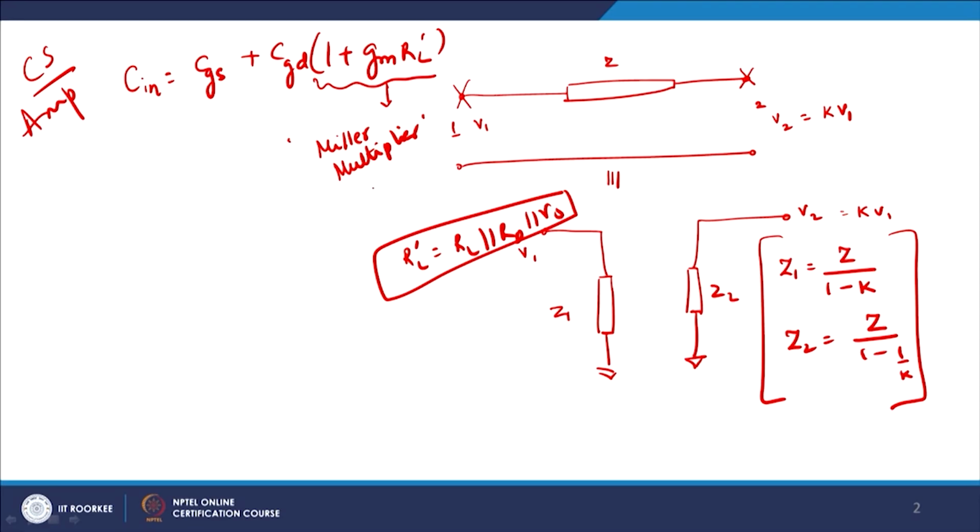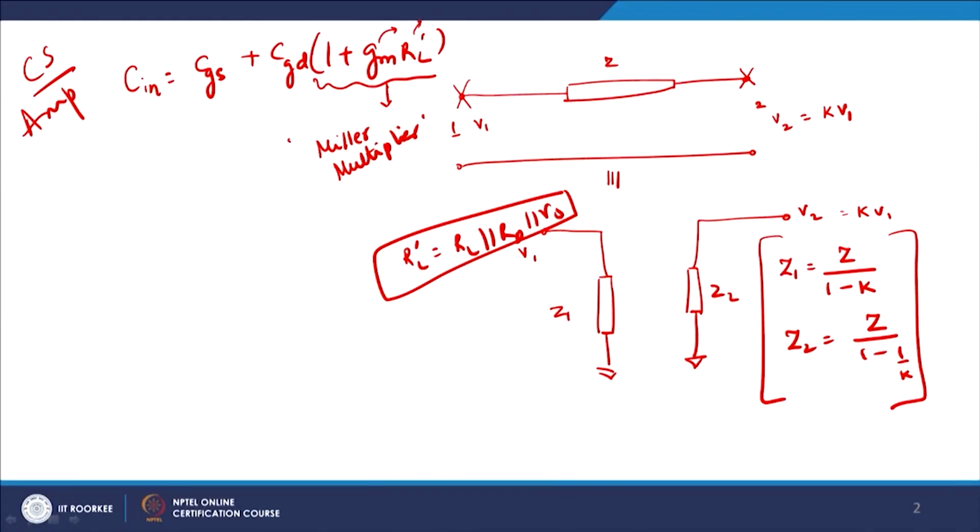Which means that the gate to drain capacitance, which was initially a low value, in reality gets multiplied with 1 plus gm RL prime and effectively gives you a larger value, the reason being gm is typically large, RL is also large. So, this quantity is relatively large. That means even if the gate to drain capacitance is small, its effect on the output is relatively large.